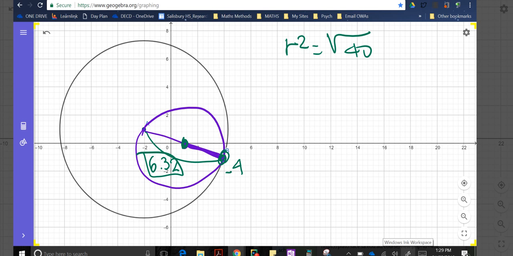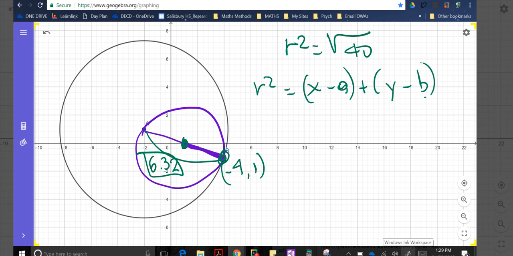This is still my -4, 1. I have to put the square root of 40 equals, I know my x, which is -4, and I know also my y, which is 1. But I don't know the rest.